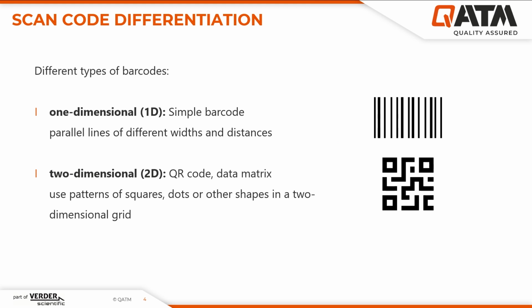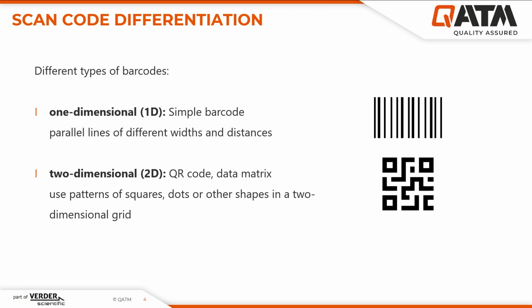Regarding the different differentiations of the barcode, there are a couple of different dimensionals available, but right now we are focusing only on two of them. This is the one-dimensional code. This is the simple code as we know it from every kind of product. It's parallel lines of different widths and distances which transfer some information.